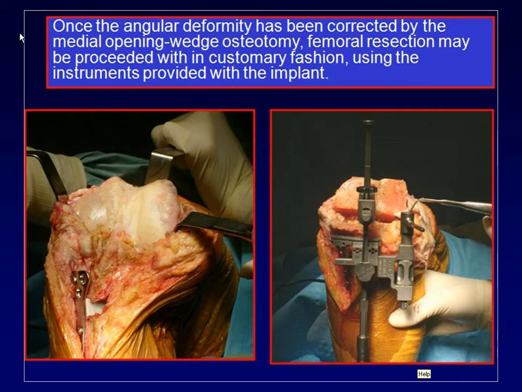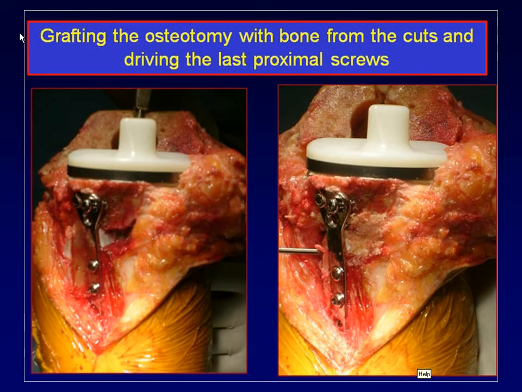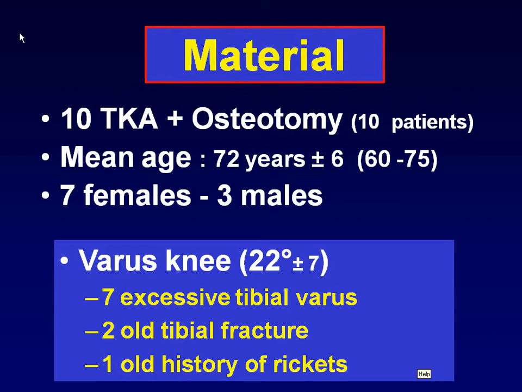We have an HKA knee angle of 0 degrees of varus, and you continue the arthroplasty very quickly. And you can graft the osteotomy in this situation, because you have bone coming from the resection of the condyle, and you graft your osteotomy with bone coming from the arthroplasty, and you allow full weight bearing for the patients with a short stem.